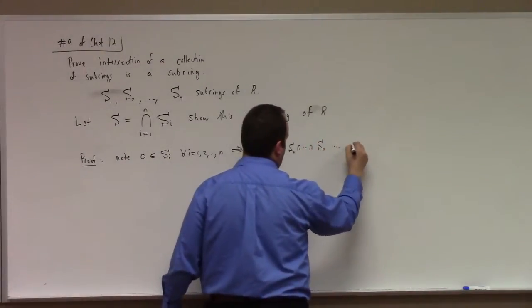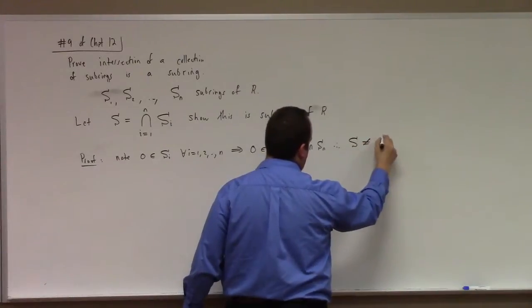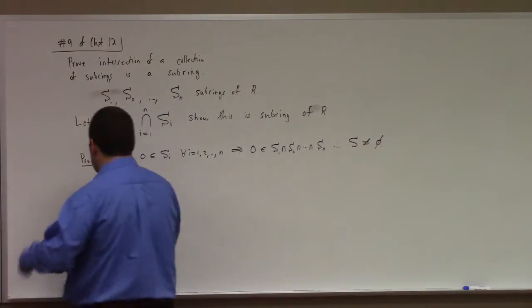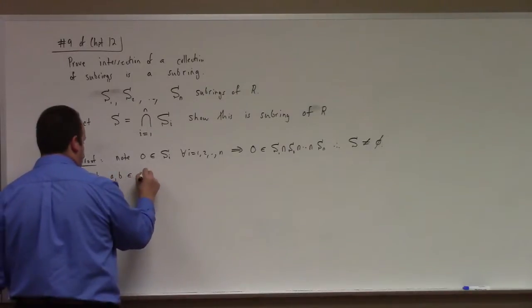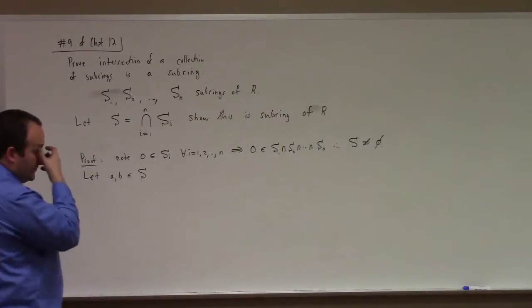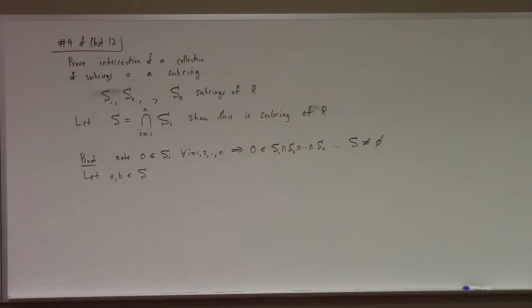So therefore S is non-empty. Then what I would do is I would let A and B be elements of S, right? Which means that what's that mean? It means that they're an element of every single subring which is forming the collection, right?